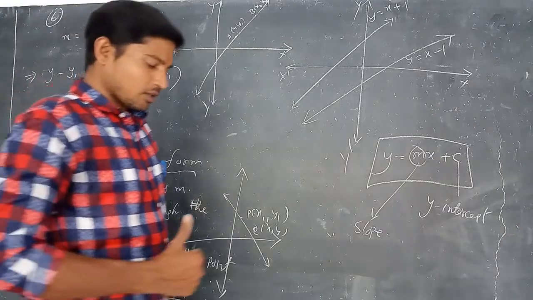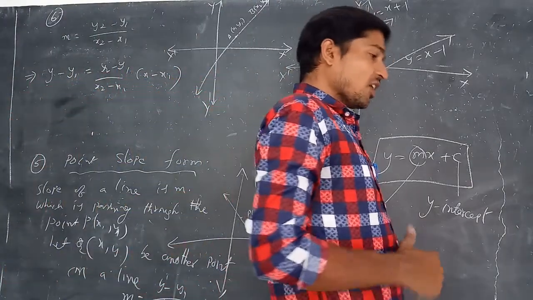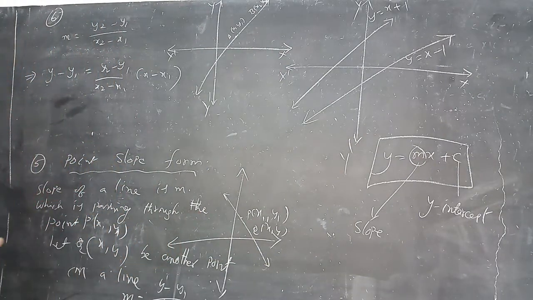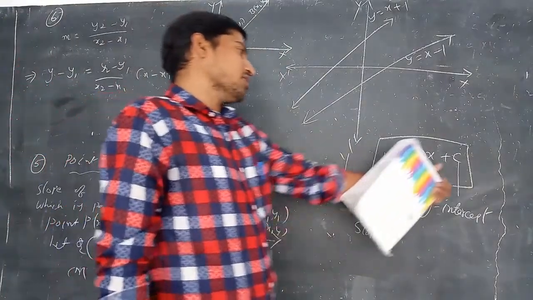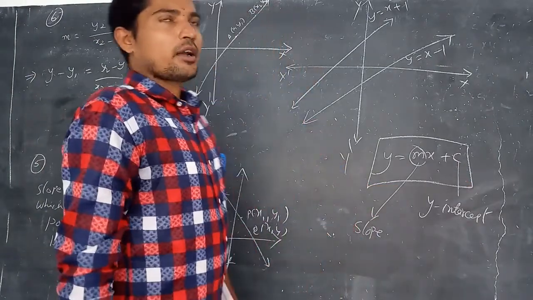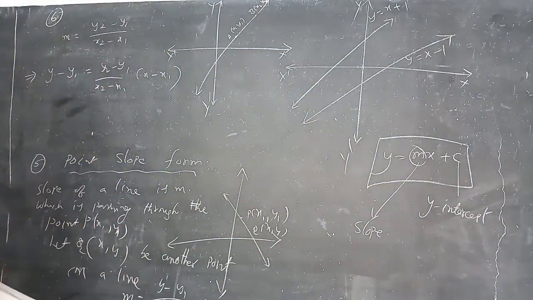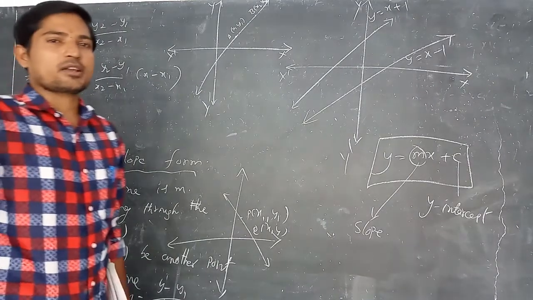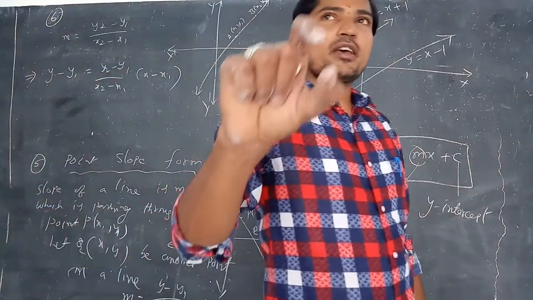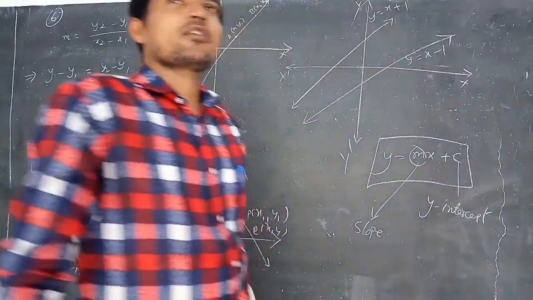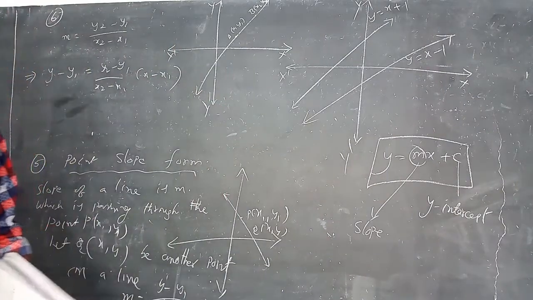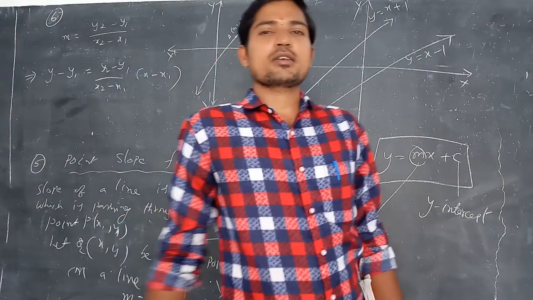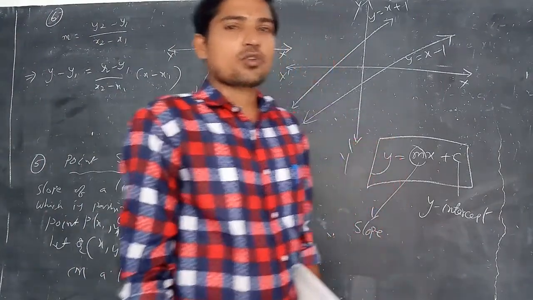The second is slope intercept form, y is equal to mx plus c, where m is the slope of the line and c is the y intercept. Then point slope form is y minus y1 is equal to m into (x minus x1). When two points are given, the line equation is y minus y1 equal to m into (x minus x1), where m equals the difference between y coordinates by the difference between x coordinates.